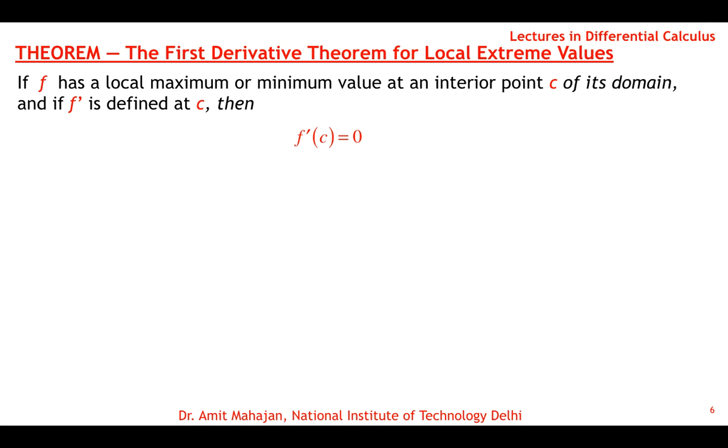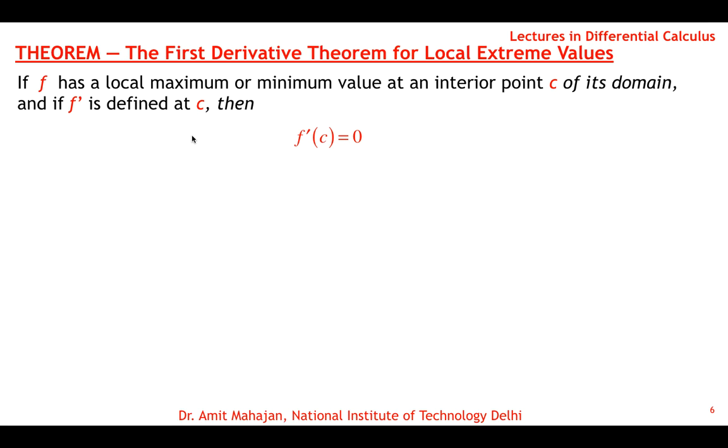So this test is very important because it tells us that we only need to investigate a few values to find function extremas. We only need to check the few values which will tell us whether there is a maxima or minima there.